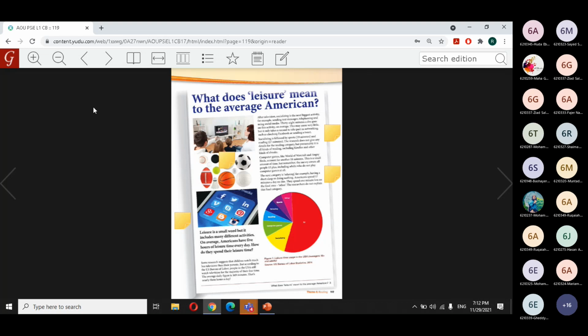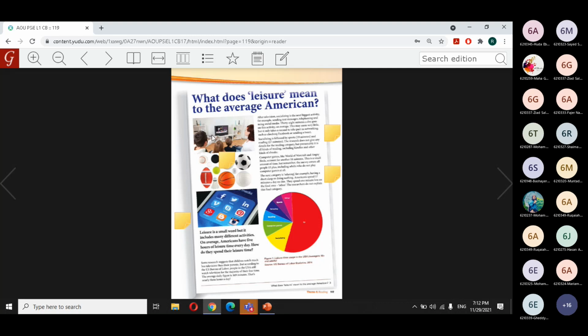So here, if I try to get information, I will read the title. What does leisure mean to the average American? So here I know that this text is about how the Americans spend their free time. If they have free time, what do they do with it?